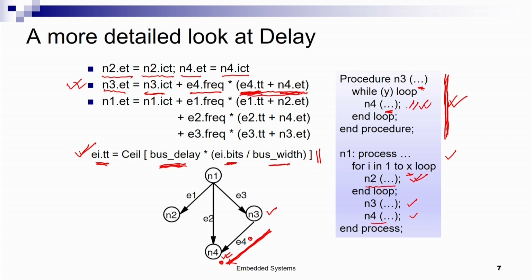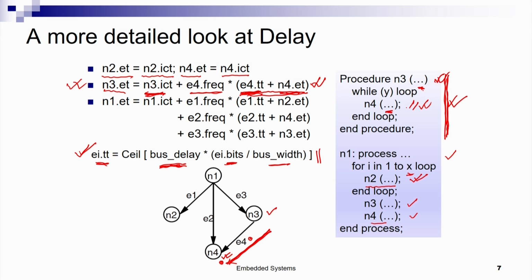And how many times does N3 have to incur this cost? It is equal to the number of times, the frec of E4. So, E4.frec times E4.Tt plus N4.Et. Okay. In addition to this, it has its own internal computation time, ICT. So, the overall execution time of N3 is given by N3.ICT plus E4.frec times E4.Tt plus N4.Et.